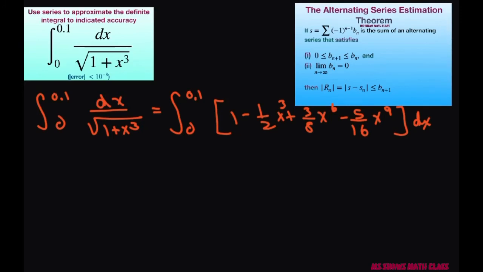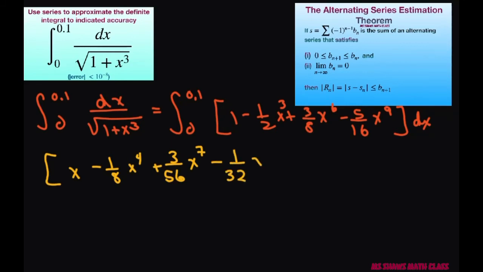So when you do that, you're going to get x minus 1/8 x to the 4th plus 3 divided by 56 x to the 7th minus 1 divided by 32 times x to the 10th plus and so on, and then we're evaluating from 0 to 0.1.